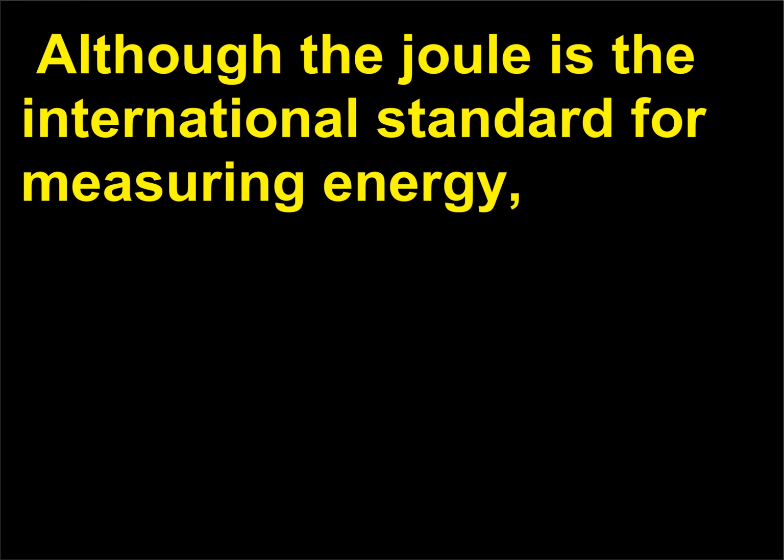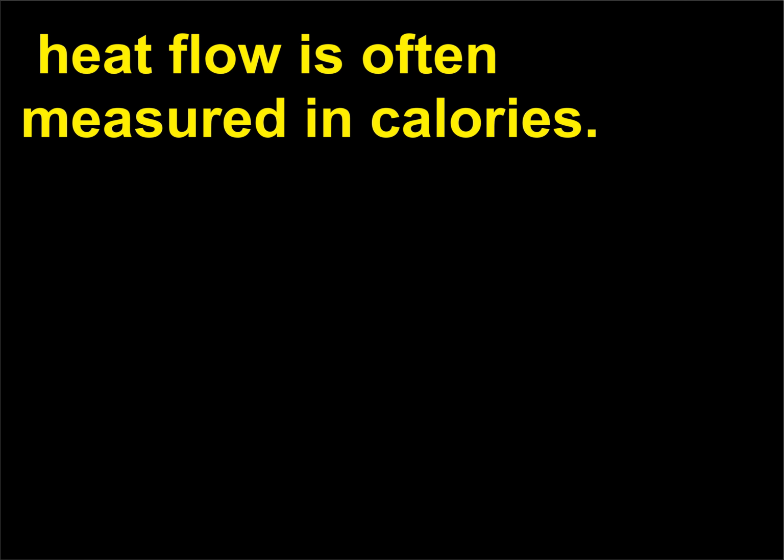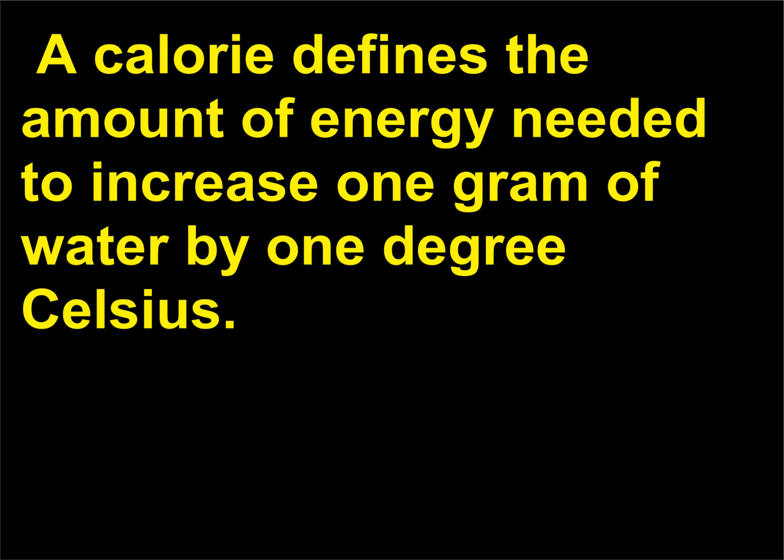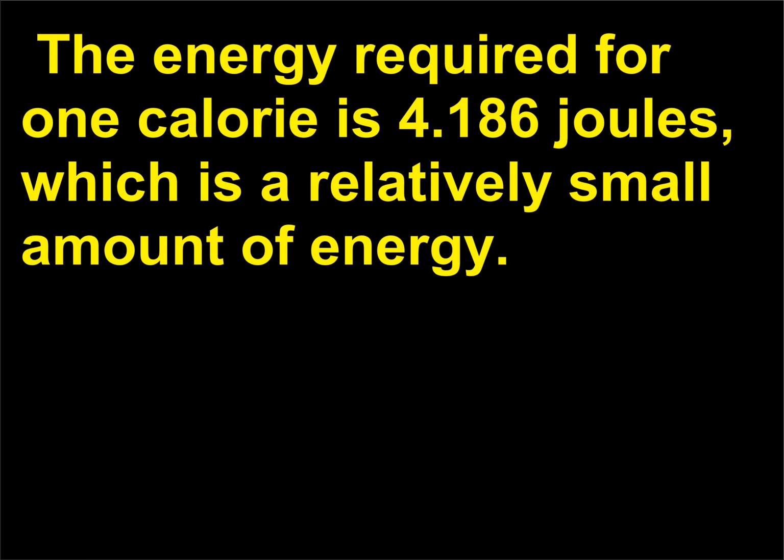Although the joule is the international standard for measuring energy, heat flow is often measured in calories. A calorie defines the amount of energy needed to increase 1 gram of water by 1 degree Celsius. The energy required for 1 calorie is 4.186 joules, which is a relatively small amount of energy.